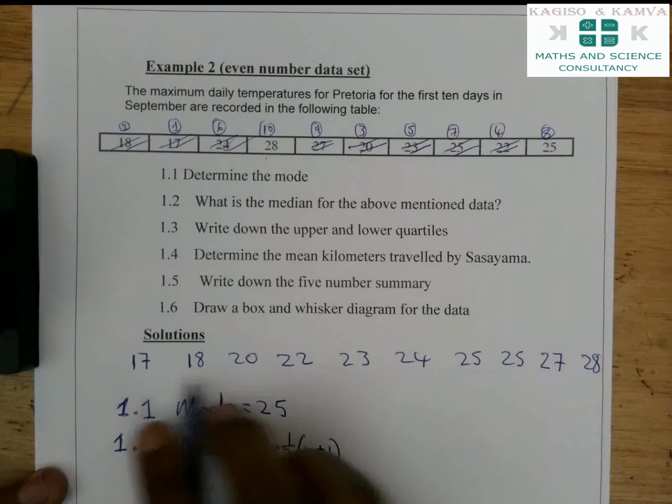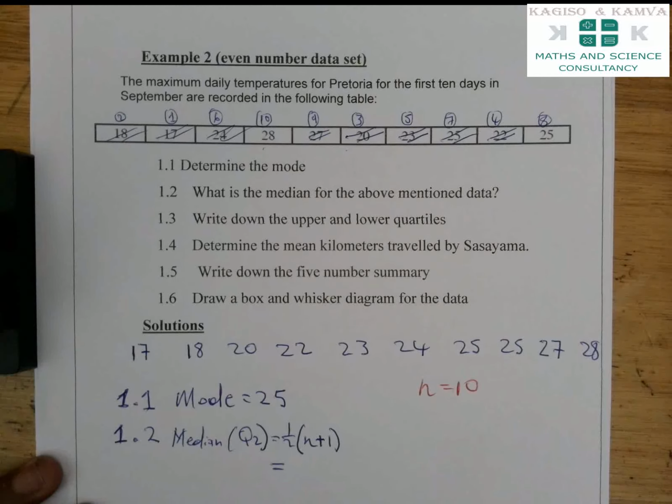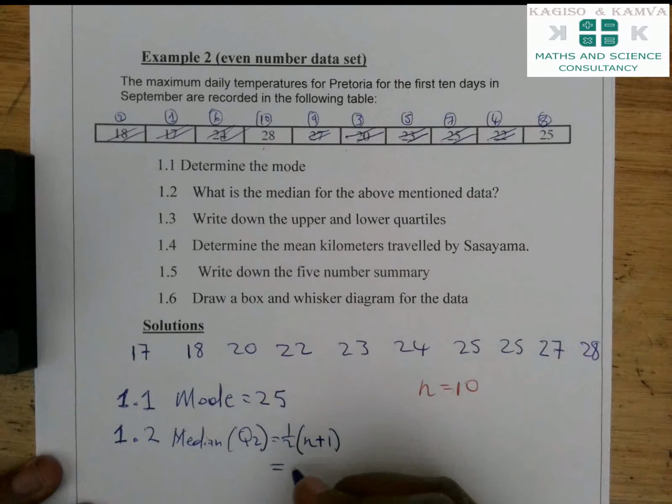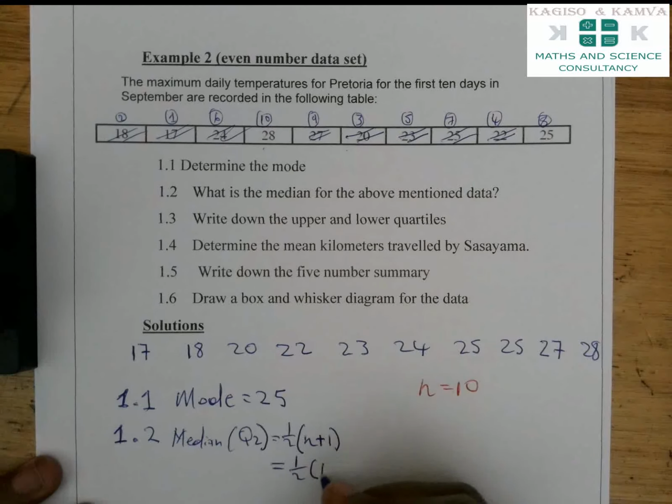Now we know that n is equal to 10. So that will be 1 over 2, 10 plus 1. By making use of our calculator, 1 over 2, 10 plus 1, what do we have? 5.5.